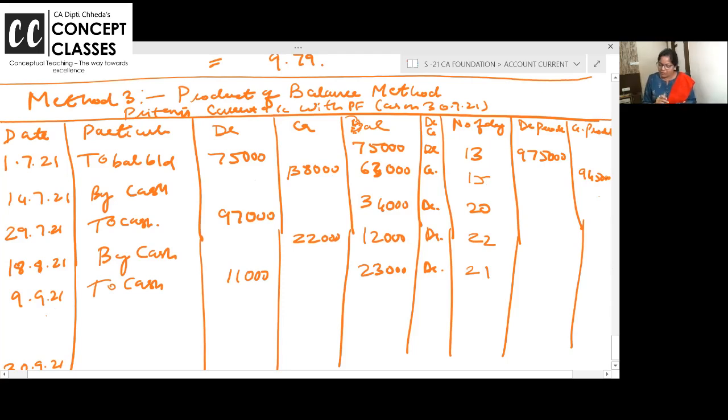Right? Now 34,000 into 20, 680, debit. 12,000 into 22, 264, debit. 23,000 into 21.